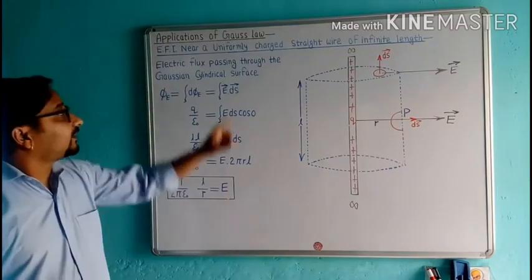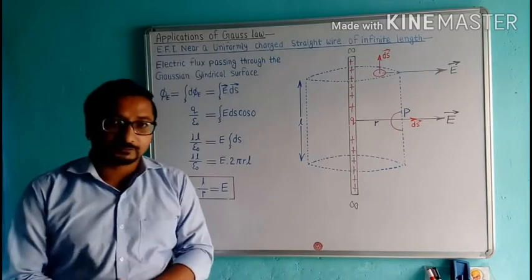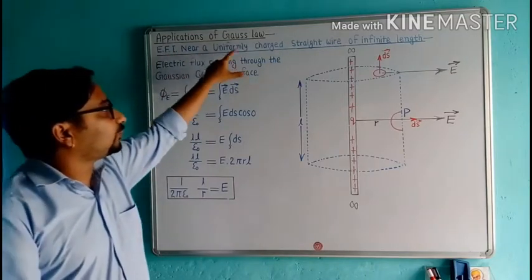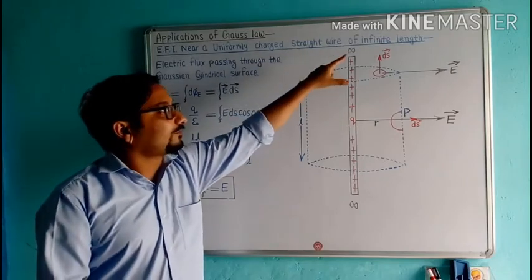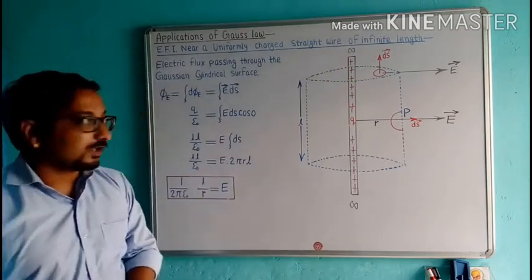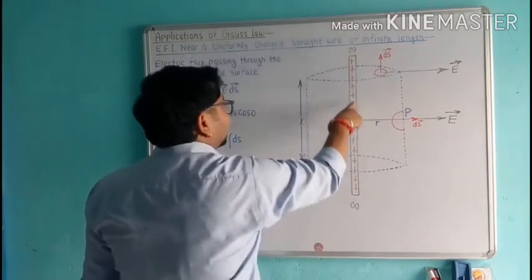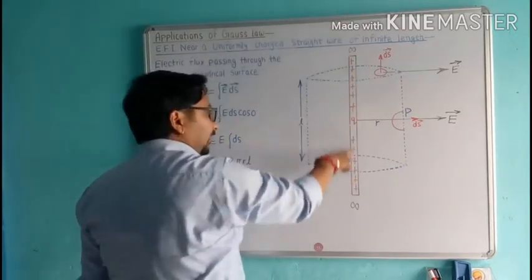Today we will discuss applications of Gauss law. Now, the first application is electric field intensity near a uniformly charged straight wire of infinite length. First consider a uniformly charged straight wire of infinite length.